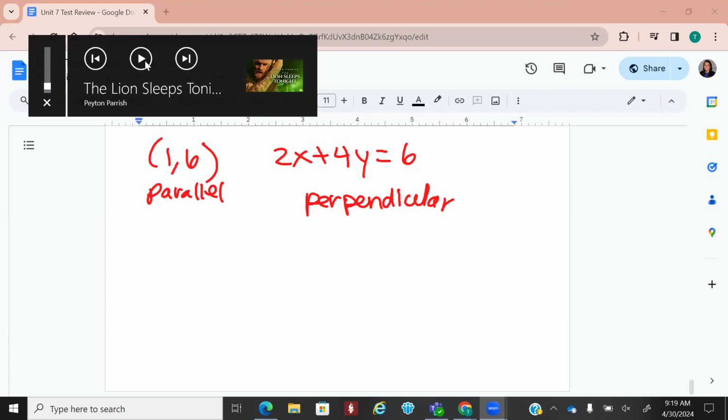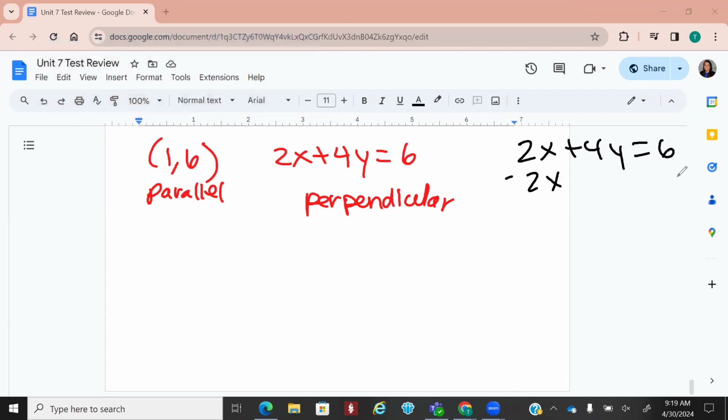But remember, you have to rewrite this in y equals mx plus b form. So it's 2x plus 4y equals 6. We move the 2x to the other side. Do not combine these two things together. Don't make that mistake. When you move this 2x to the other side, probably put that in the front so that you don't mix up numbers.